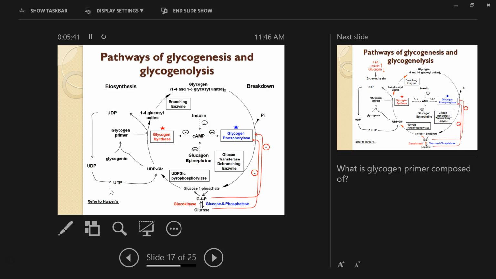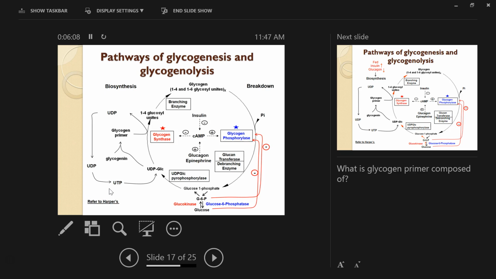So this is an important slide, right? You want to know, it basically covers all the pathways, right? Breakdown or synthesis, and which enzymes are involved, and it just wants you to remember the key enzyme in each pathway, like glycogen synthase in the glycogen synthesis pathway, and glycogen phosphorylase as the key enzyme in glycogen breakdown.